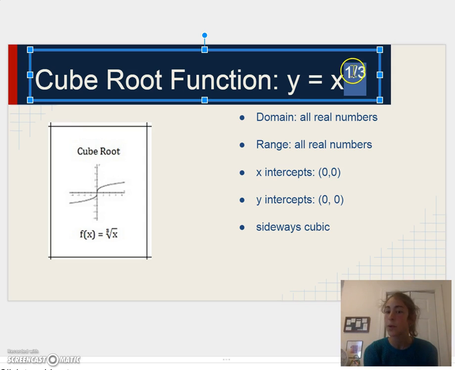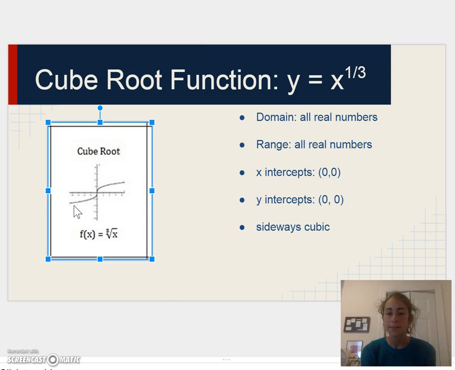It's not to the 1 over an even power, so it's not a square root. So the domain is all real numbers. The range is also all real numbers, which you can notice from the graph. And again, you have this sort of flattening out at 0, 0, so we'll call that the focal point. It also happens to be where the x-intercept and y-intercept is.